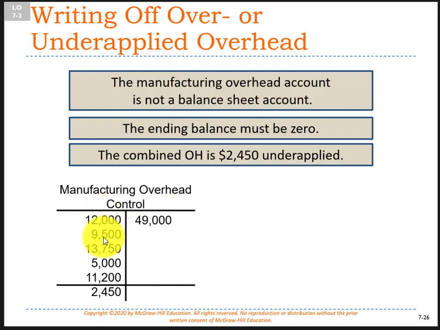Now, this was illustrated with just a month, but it would typically happen at the end of the year. All the actual costs are on the debit side, overhead applied on the credit side. We have more debits than credits by $24.50. That is then under-applied, right? We didn't apply as much as what actually happened.